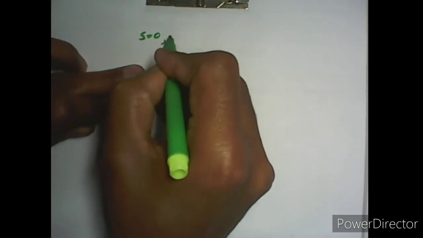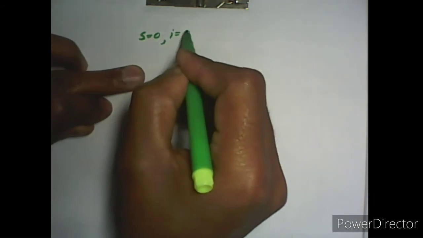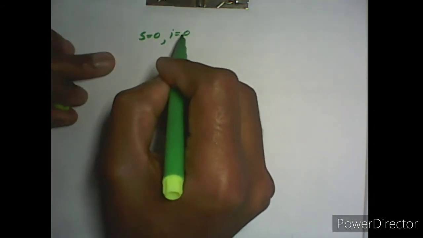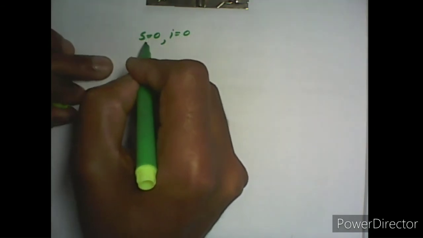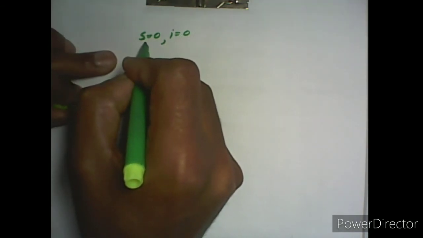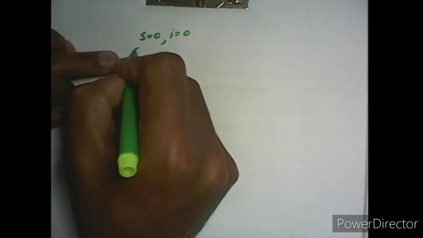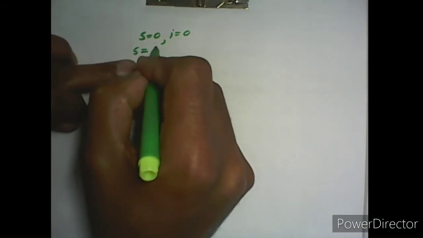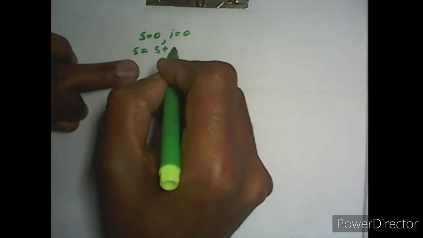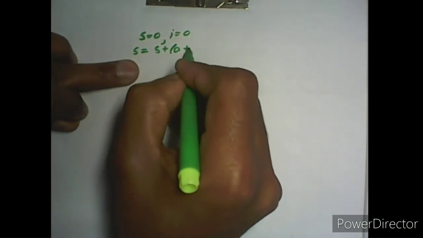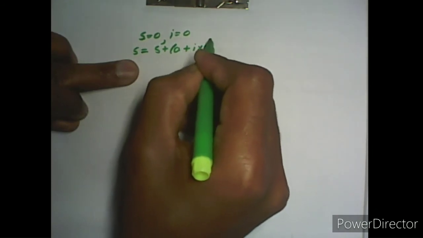First, we are initializing s to be equal to 0 and the counter I to be equal to 0, right? Then we are asking it to do s is equal to s plus of a plus I into d.